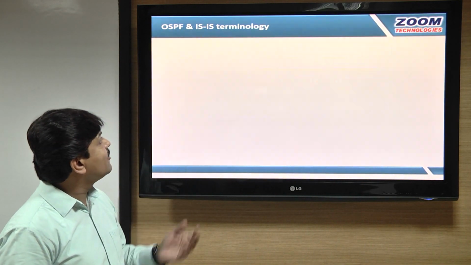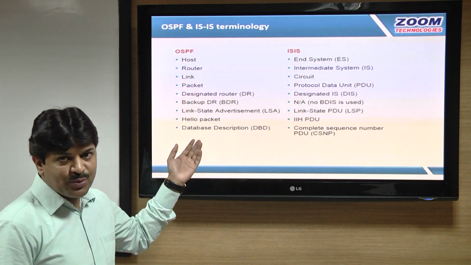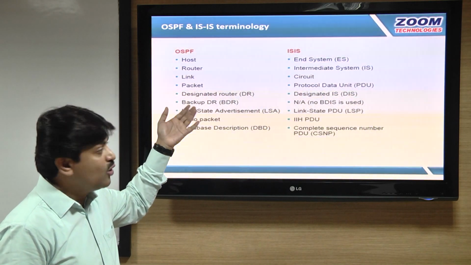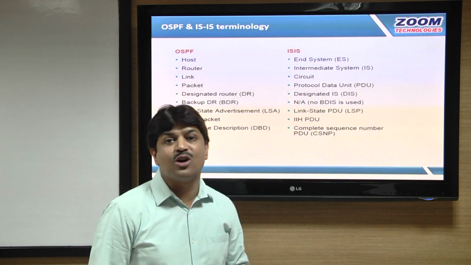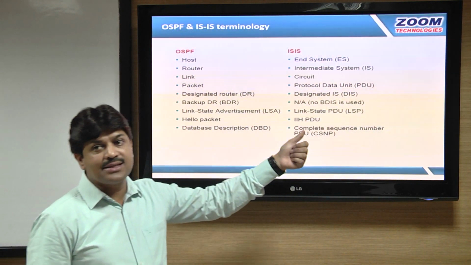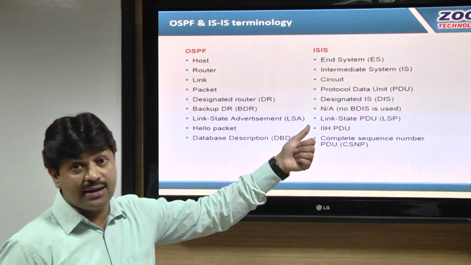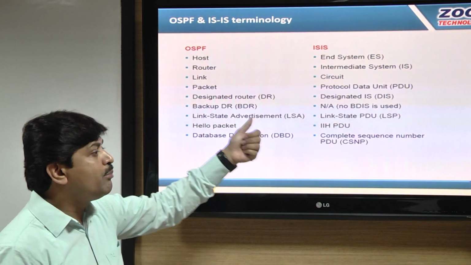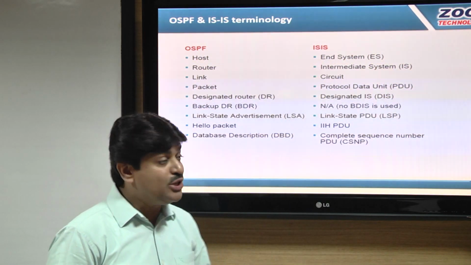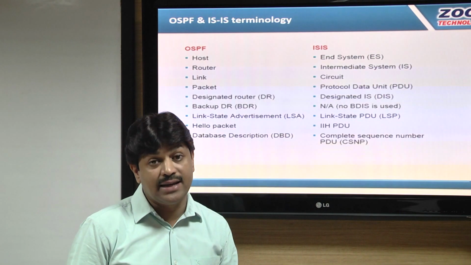Next, we have OSPF and ISIS terminologies. In OSPF a host or PC is, in ISIS terminology, called an end system, ES, and a router in ISIS is an IS, intermediate system. A link is called a circuit. A packet is a protocol data unit, PDU. The designated router is called the designated IS.